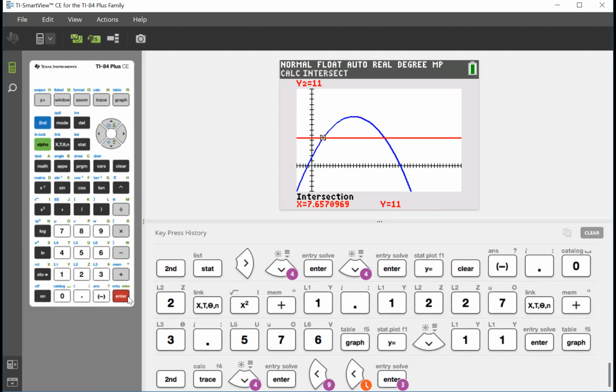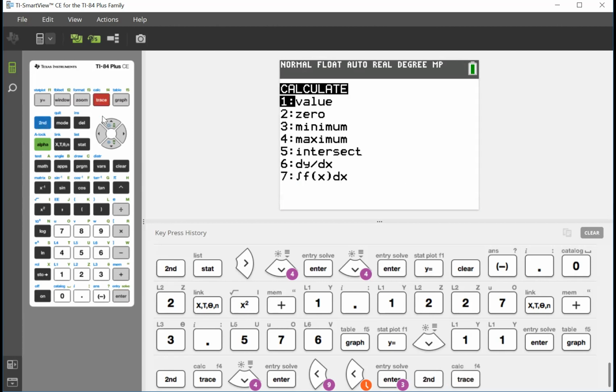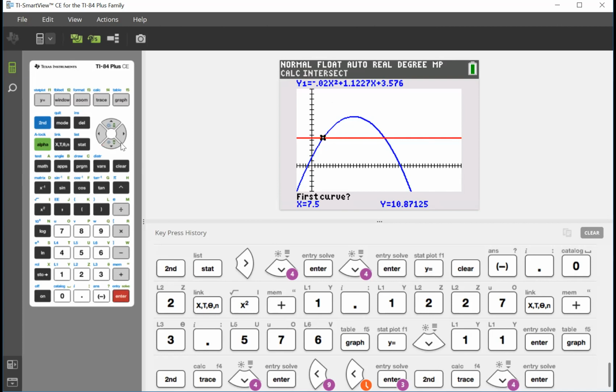My first intersection is at 7.657. And then if I do it again, second, calculate, and notice I'm using these same features over and over from video to video, so you should be getting used to watching me do it.